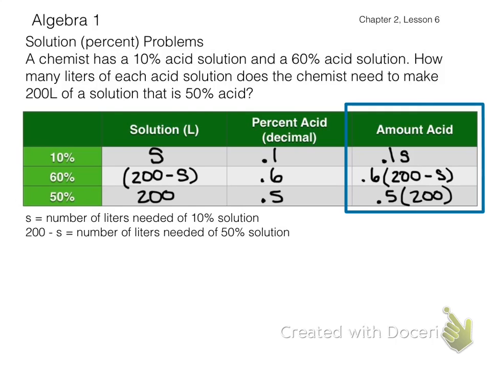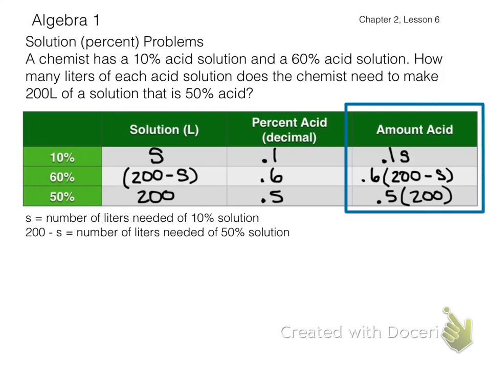Okay, so multiply across. 0.1 times S is the amount of acid when I have S liters of it. 0.6 times the quantity 200 minus S is the amount of acid with the liters of the 60% I need, and 0.5 times 200 is the 50% acid when I have 200 liters.